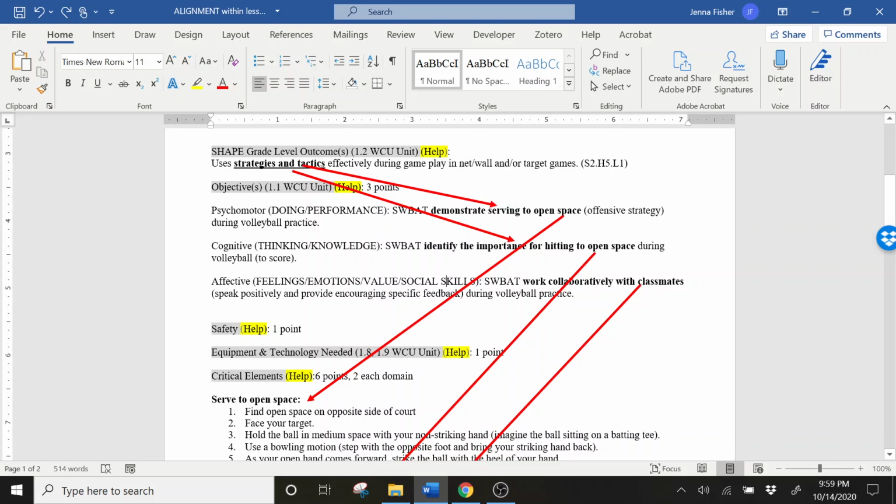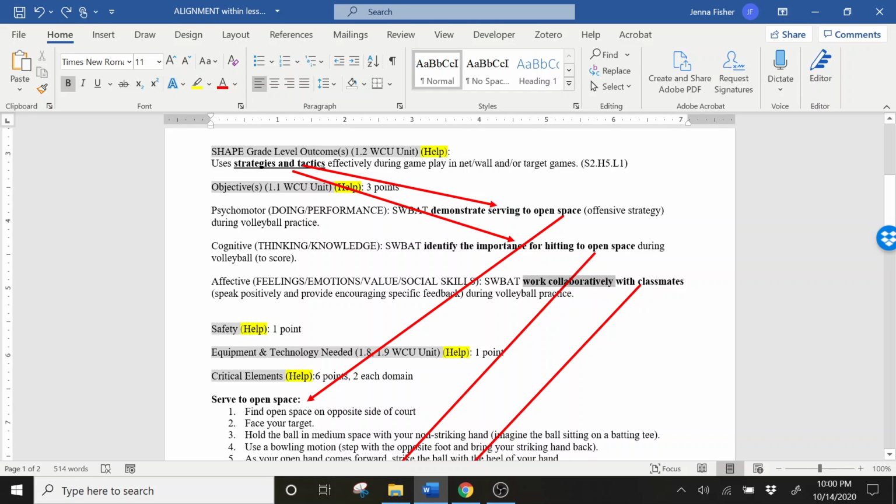So my objective here: student will be able to work collaboratively with classmates and, for example, speak positively and provide encouraging, specific feedback during volleyball practice. Okay, so my affective domain, again, while we are learning strategies and tactics, I'm looking that my students are going to be able to work collaboratively with classmates.